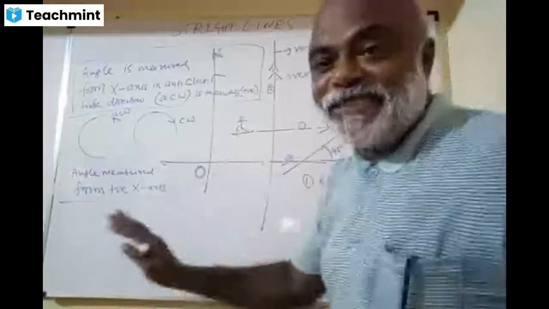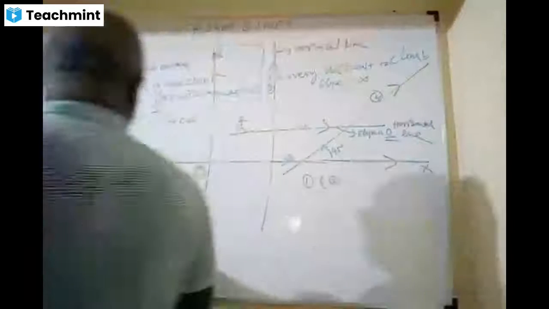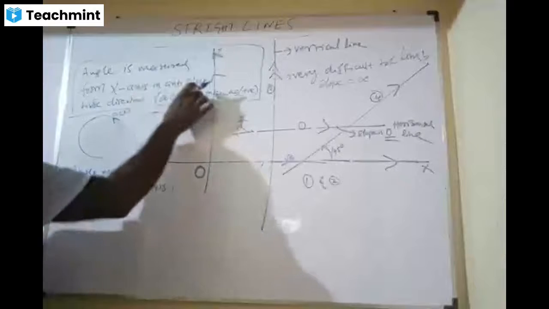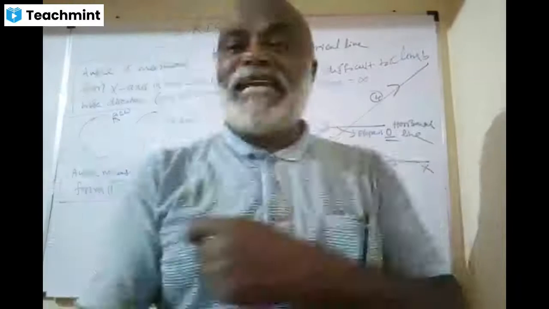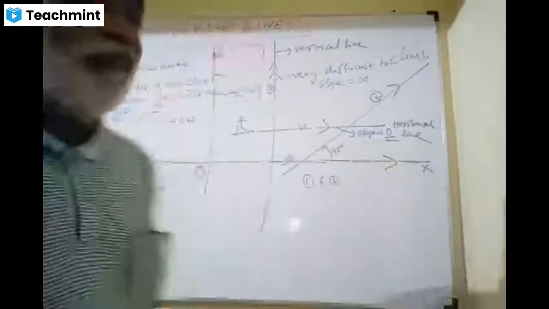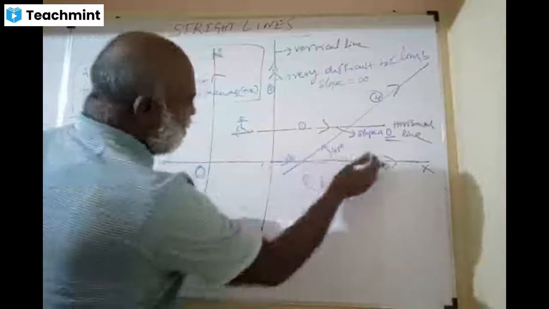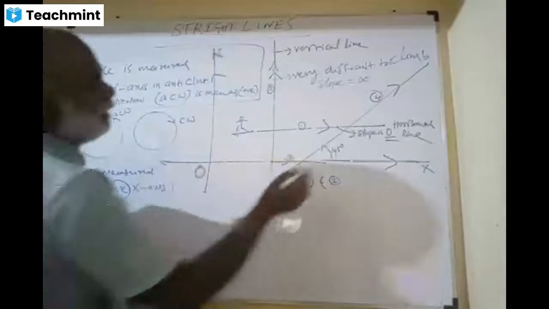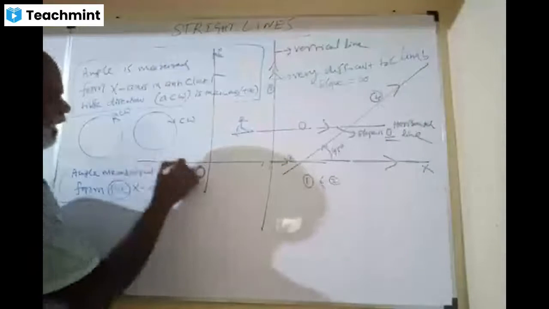If you measure from the x-axis anti-clockwise, it is positive. That's why they call it the positive x-axis. There is nothing like a positive x and a negative x, my dear. Now suppose I draw one more line, 1, 2, 3, 4. I draw the fifth line now.